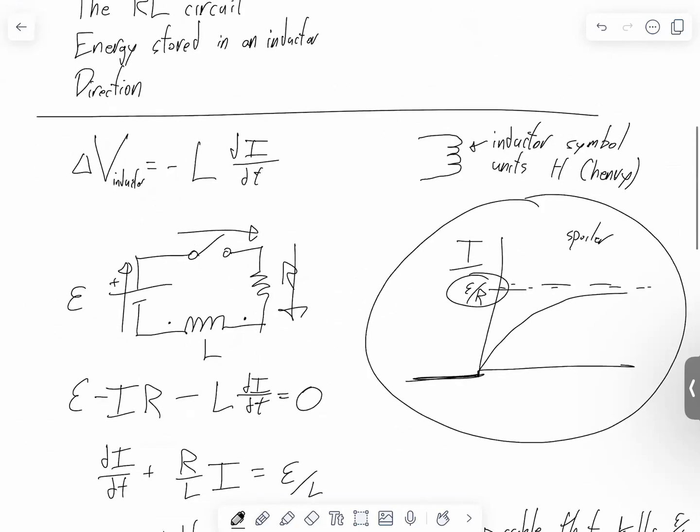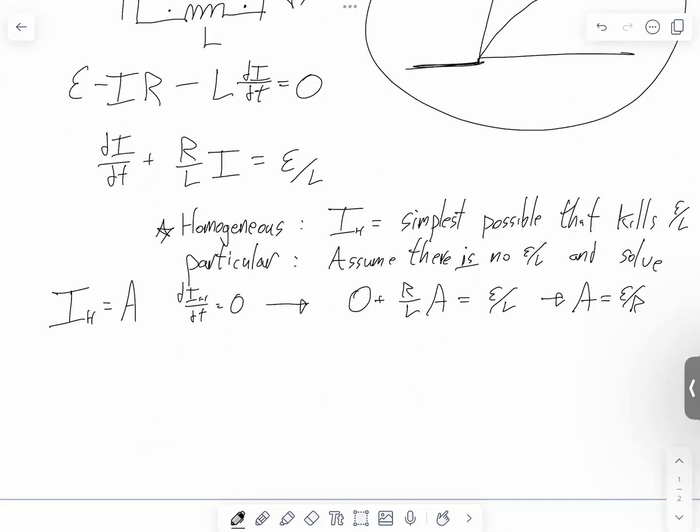Okay, so this does not satisfy the initial condition of we start at zero voltage, zero current and taper up. This can be a solution: if we start at script E over R, it'll stay at script E over R current. But I don't want this solution. So I want to find the particular solution.